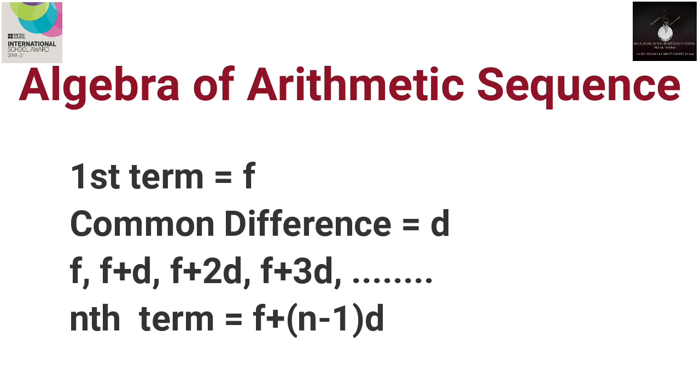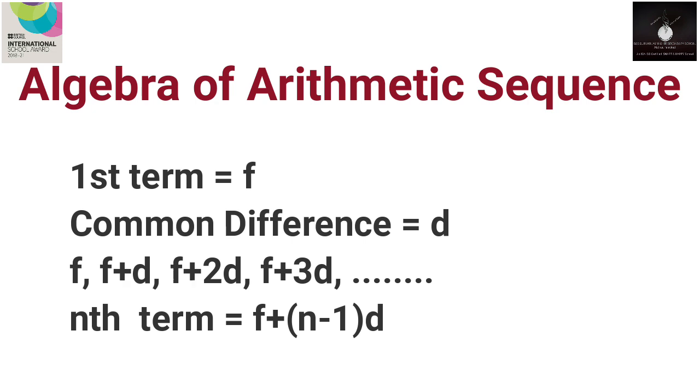In general, taking the first term as f, first term equal to f, common difference equal to d. So the sequence will be f, f plus d, f plus 2d, f plus 3d and so on.